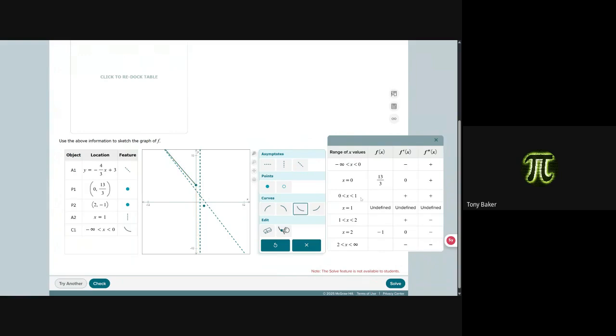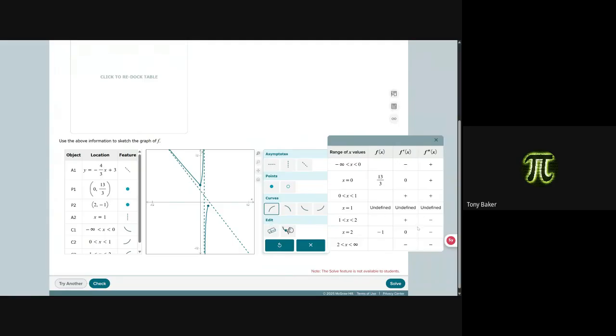From 0 to 1, it is increasing and concave up. 1 to 2, increasing, concave down. 2 to infinity, decreasing, concave down.